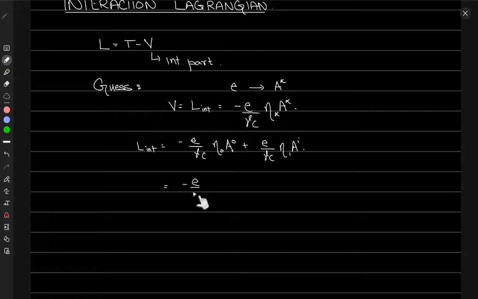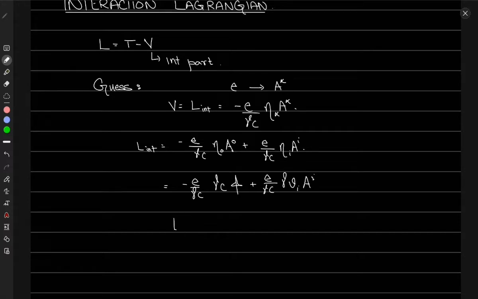So this becomes minus e gamma c, and here eta 0 A 0. Now what is that? Eta 0 A 0, the product gives me gamma times c A 0, but A 0 is what? Phi, right? The scalar potential, where this second term, which is e over gamma c, now eta i is gamma times v i, right? The spatial part of the velocities. And then we have A i, where A i is the vector potential.